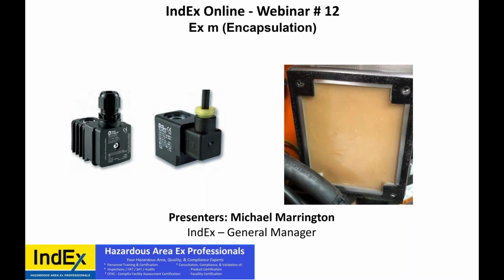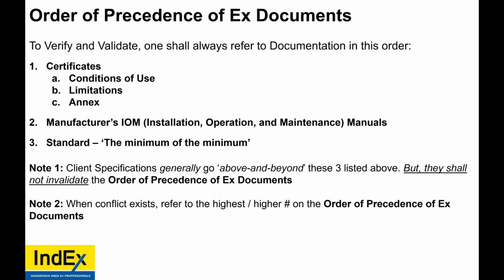Something pretty heavy. The order of precedence of EX documents. What do we have to follow? Well, we have to verify and validate, and you shall refer to the documents in this order. The certificates, their conditions of use, limitations, and their annexes.